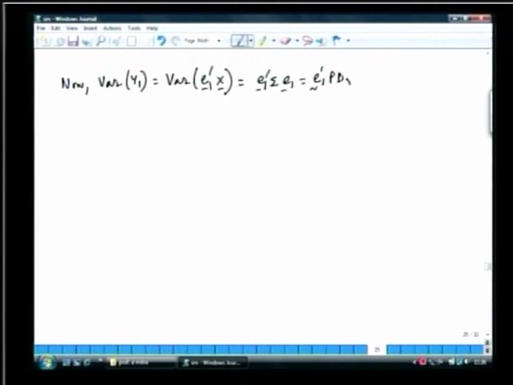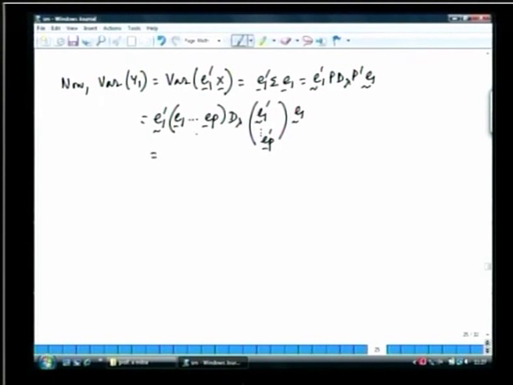This is E1 prime P D lambda P prime E1. Again I can handle this. For the P matrix I am writing E1, E2 to EP, and then I have the diagonal matrix D lambda. I am writing P transpose matrix as E1 transpose to EP transpose, and then E1 again.